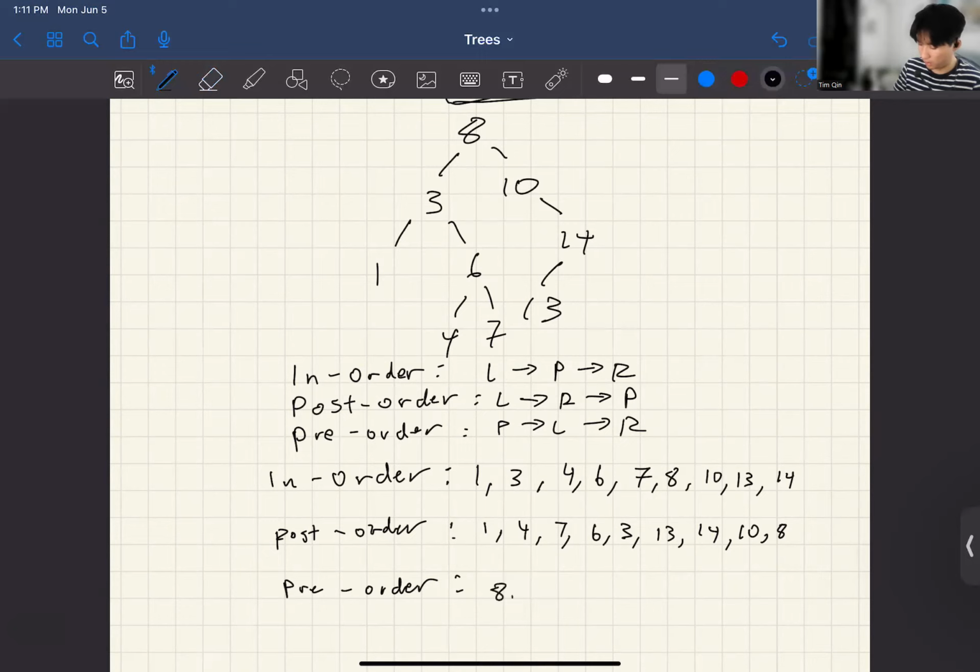It should be 8, then we go 3, then to the left of 3 is 1, then 6, then 4, then 7, then we would go 10, 14, and then 13, because it's parent, left, then right. So those are the main ways we can traverse through a tree.